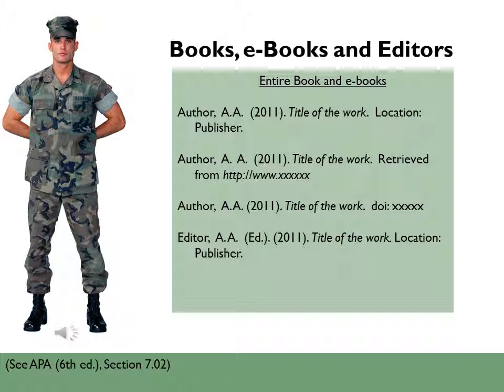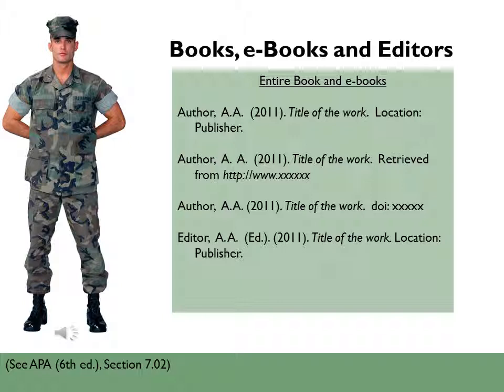In the case of the second and the third templates, these are for works that you find online. And so if you are citing an electronic book, you want to use the second citation listed on the slide, and the third one is also for an electronic work, but it also has a digital object identifier, or a DOI, and you can find this DOI number listed next to the citation of the work.